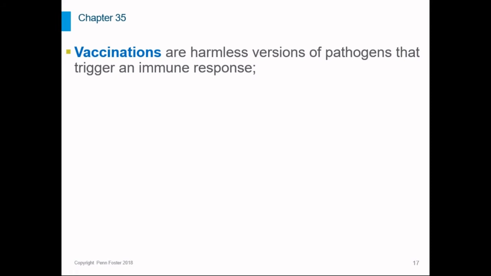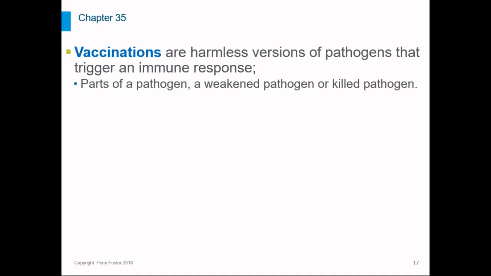So we just mentioned how if a bad pathogen gets into the blood or into the cells, the immune system makes memory T cells and memory B cells so that next time it can recognize the threat immediately and take care of it before it becomes a problem. So before the person gets sick, the immune system is there ready to kill that pathogen immediately. And that's what vaccines do.